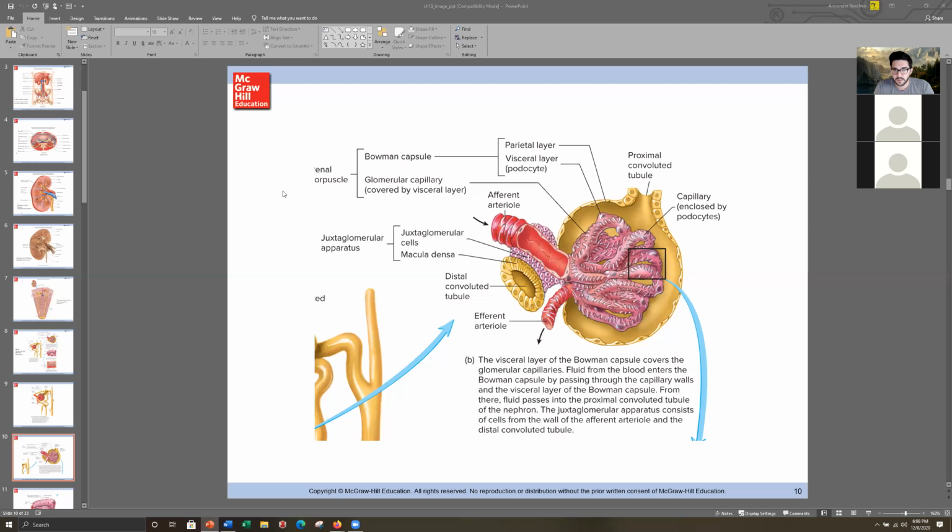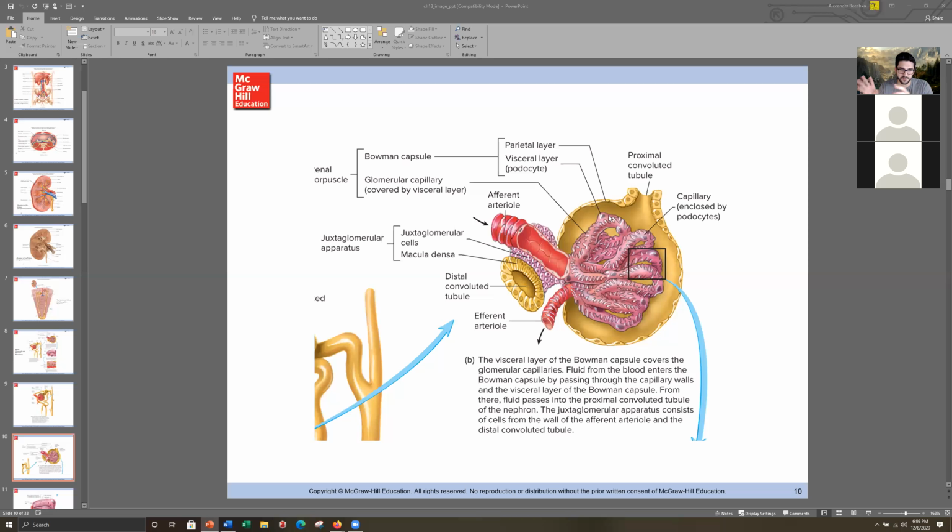All right. So let's look at some of the things that are going on here with our capillary bed inside of our Bowman's capsule. So what you'll see here that surrounds these little arterioles are all of these little things called podocytes. Podocytes are interesting because they're these dedicated cells that you can associate with the visceral layer of the Bowman's capsule.